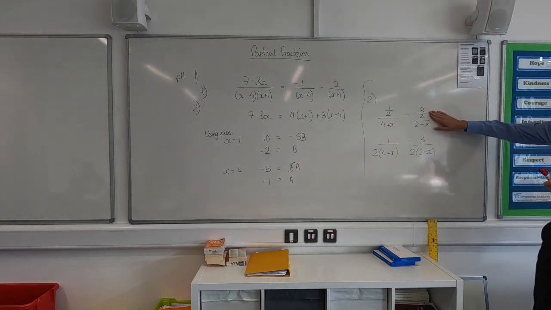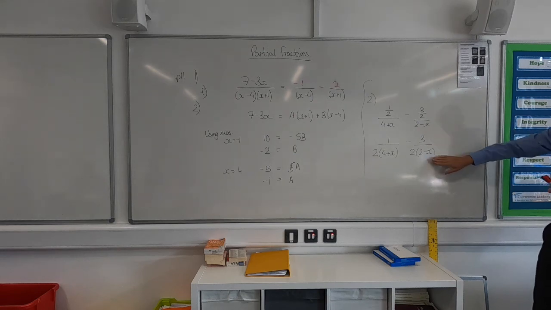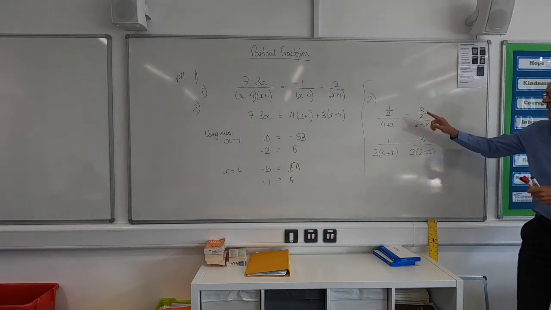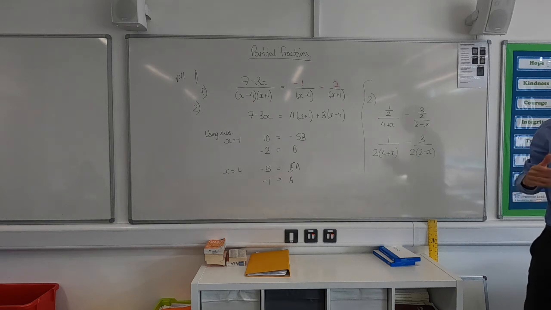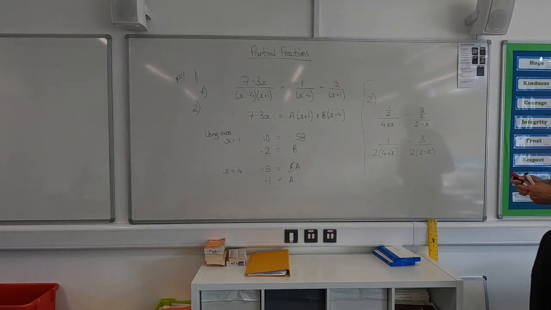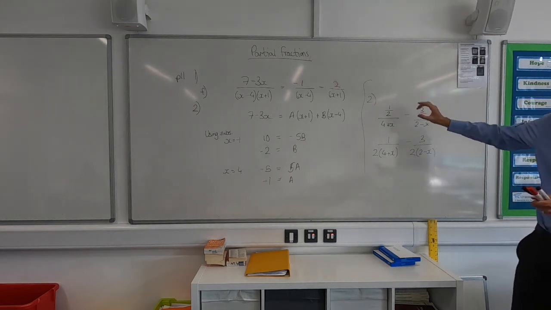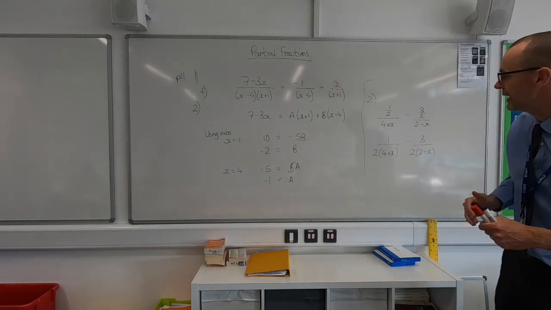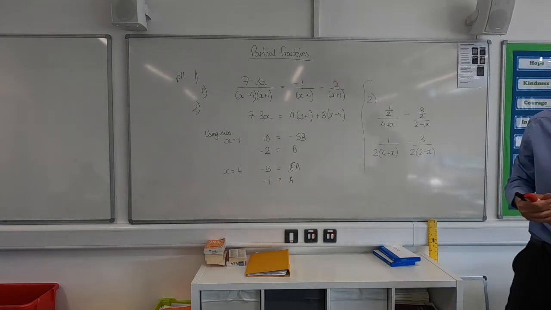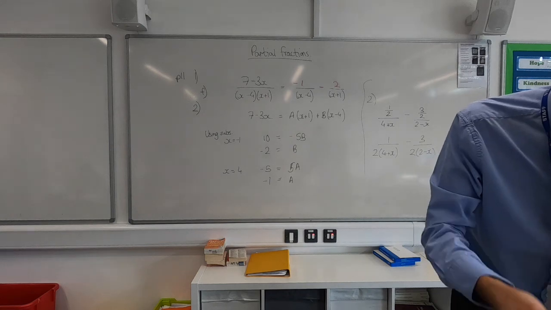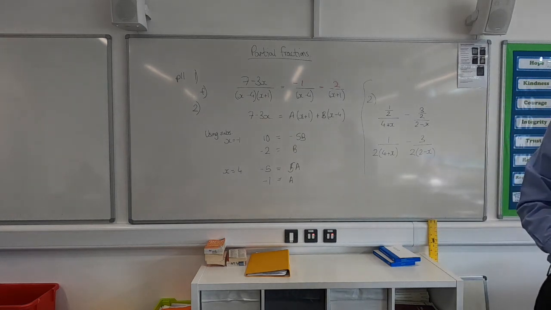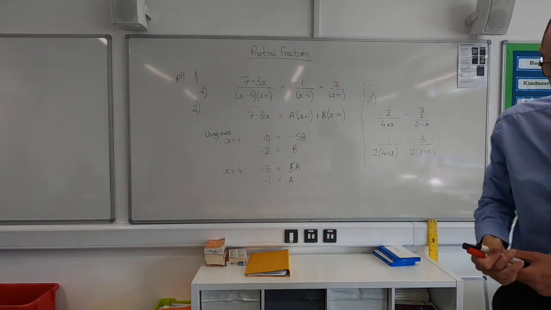And here we've got 3 divided by 2 and then divided by 2 minus x, which is the same as that. So it is perfectly possible to get partial fractions questions where you get fractions as your answer. If it just says what's a and b, then you're fine. A is a half and b is minus 3 over 2. But if you then have to write the expression, then there we go.